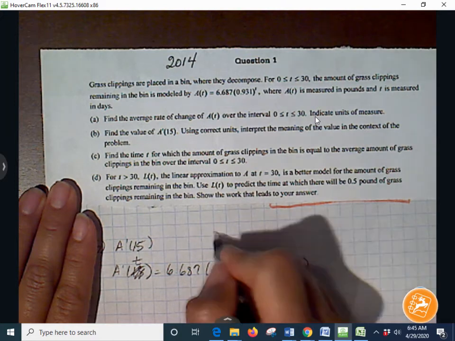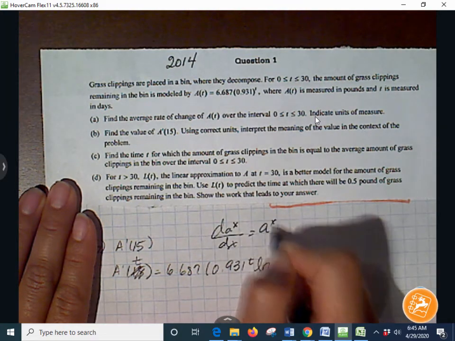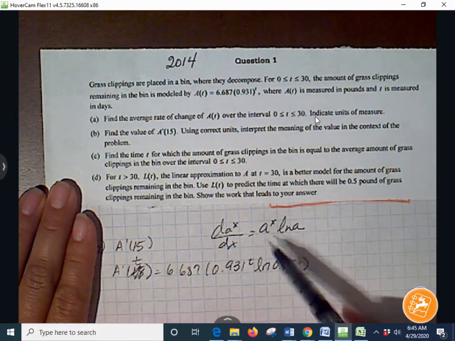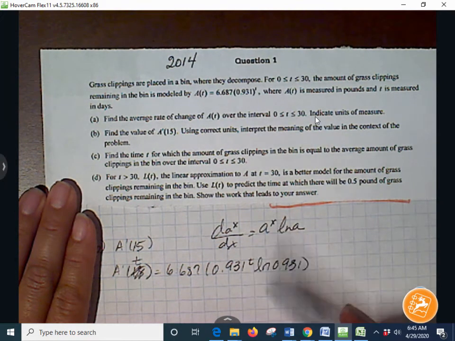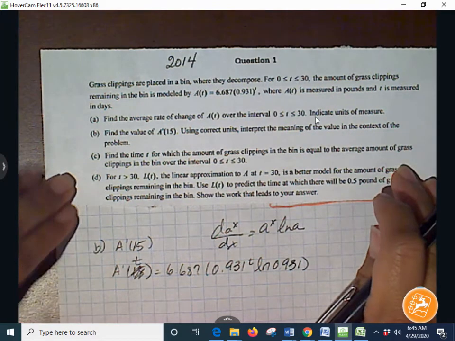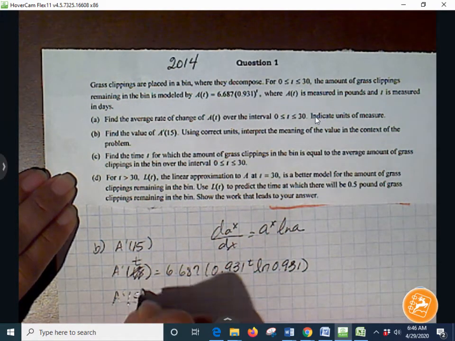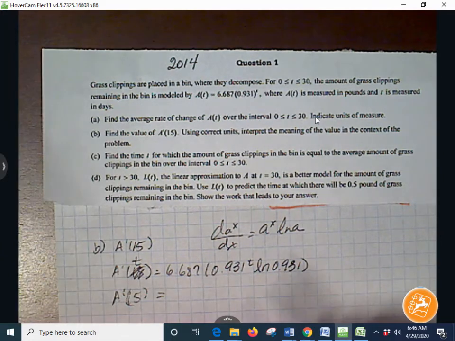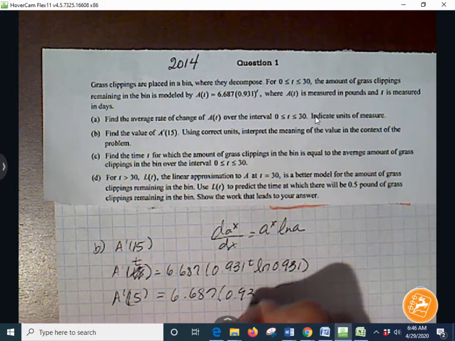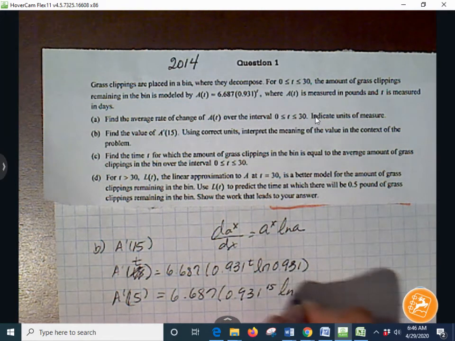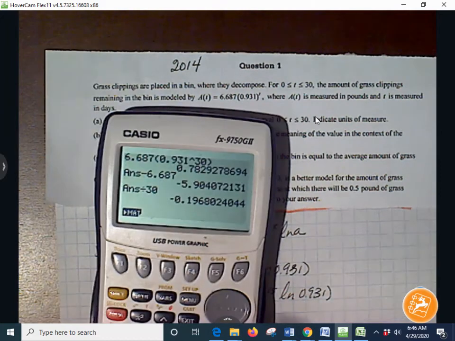So again, derivative of a to the x with respect to x is equal to a to the x natural log a. So my a is 0.931 and my t is my x. And so now when I evaluate this at 15, I will put 15 into that: 6.687 times 0.931 to the 15 times natural log of 0.931. And so let me do that.